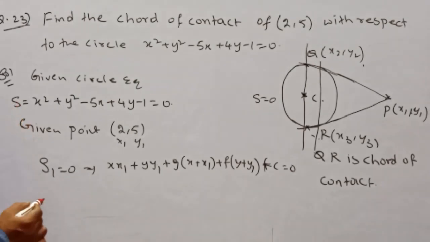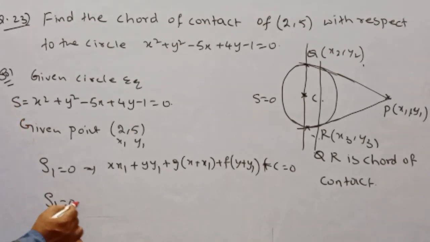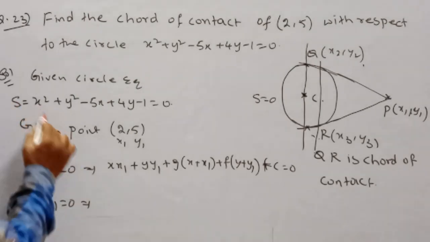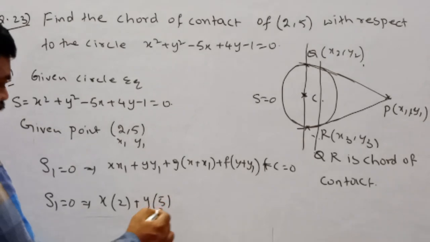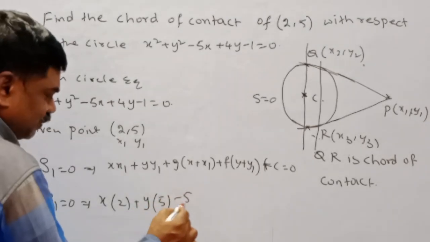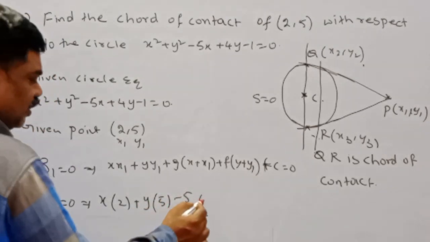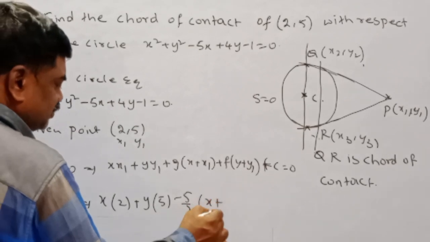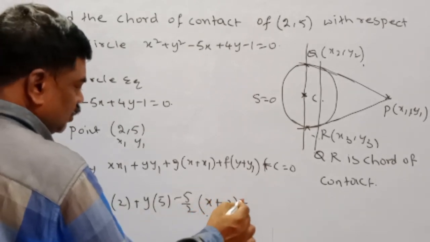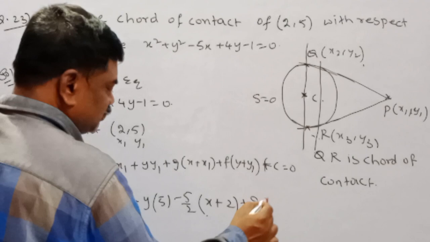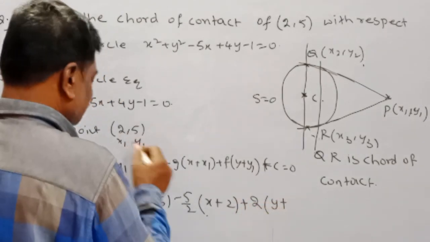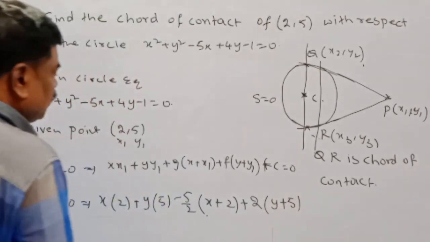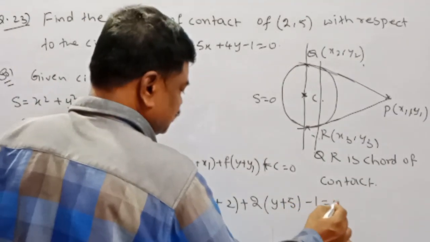So for this one, the chord of contact implies x into 2 plus y into 5 minus 5 by 2 of (x plus 2) plus 2 of (y plus 5), minus 1 equal to 0.